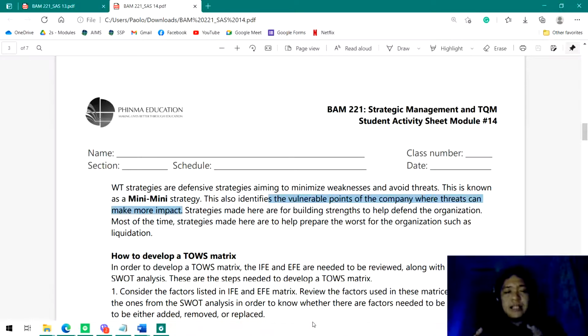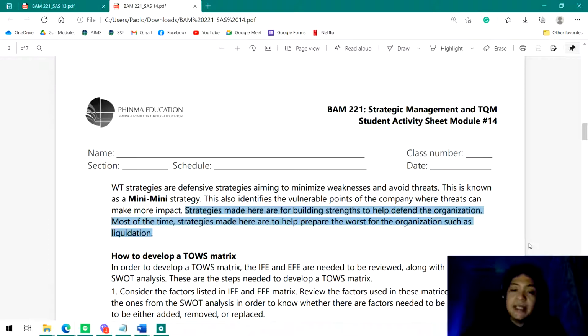Parang ganon ang sinasabi ng mini mini strategies natin. So strategies made here are for building strengths to help defend the organization. Most of the time, strategies made here are to help prepare the worst for the organization, such as liquidation. So, parang dito sa mini mini strategy natin, you are trying to prepare for the worst case scenario.